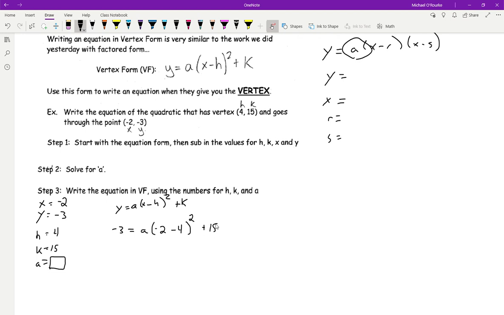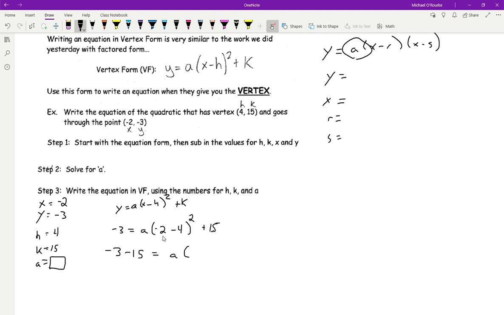Plus 15. Now we need to rearrange to solve for A. So the first thing we can do is this +15 over here, we can move to the other side. So if it's positive on this side, it's going to be what on the other side? Good, -15.